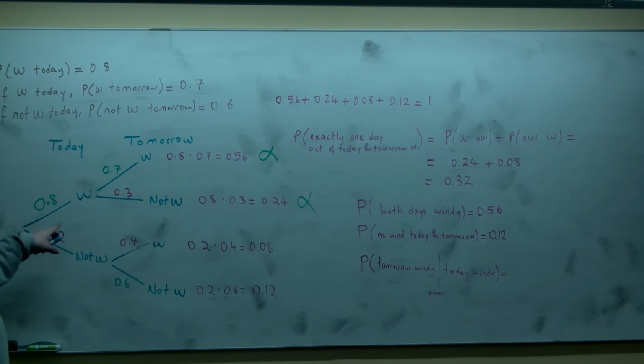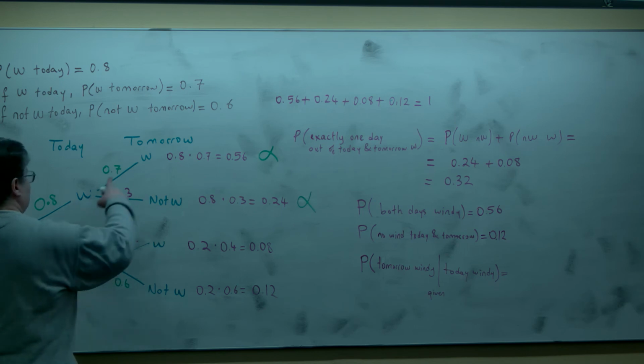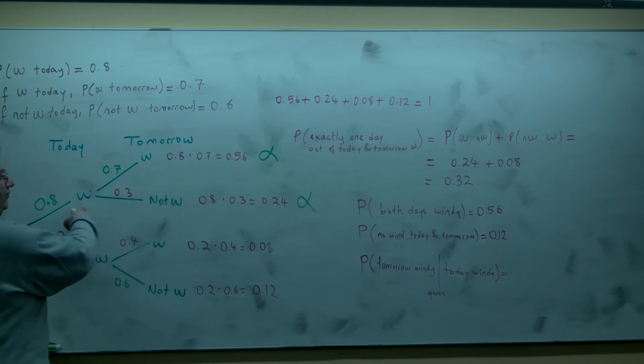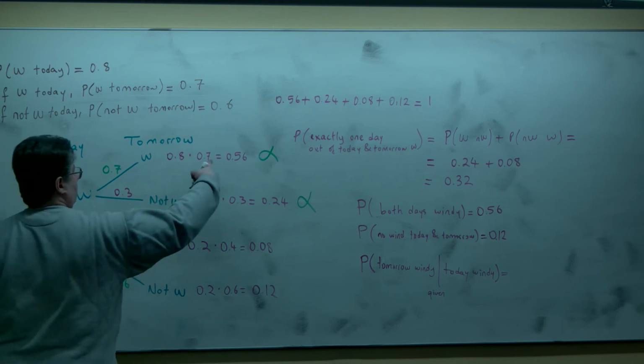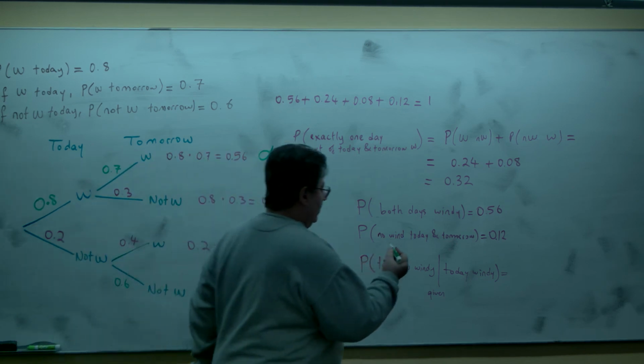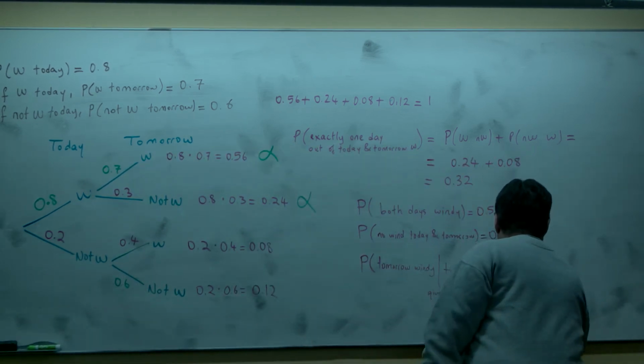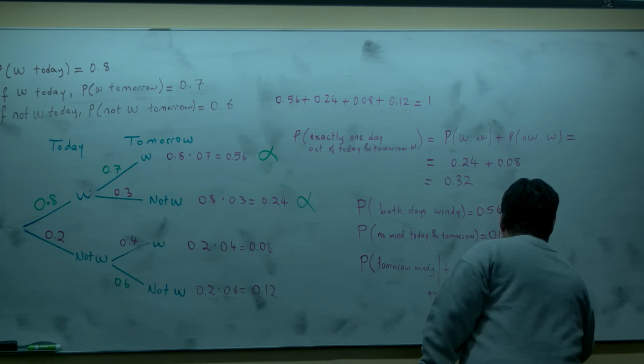If today is windy, regardless of what will happen tomorrow, these are the branches that come out from today being windy, right? So these two are our sample space. So the denominator of this fraction becomes 0.56 plus 0.24.